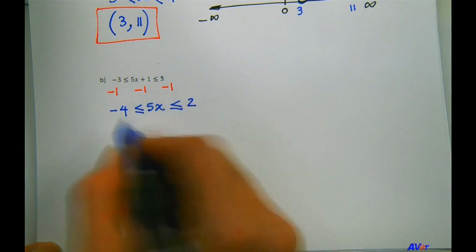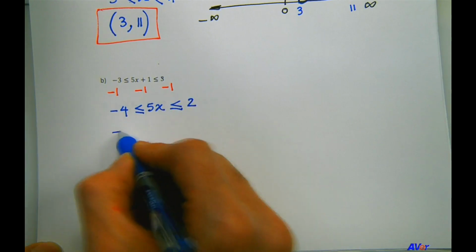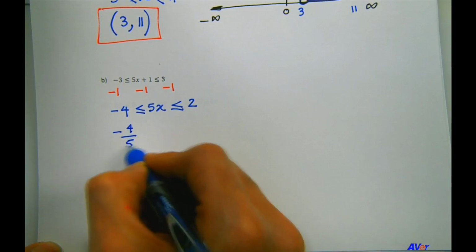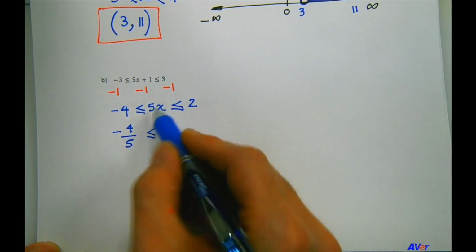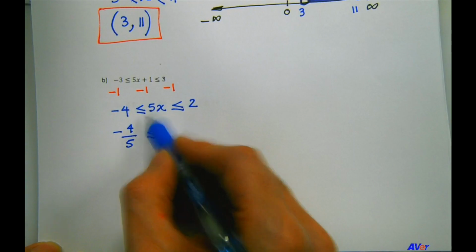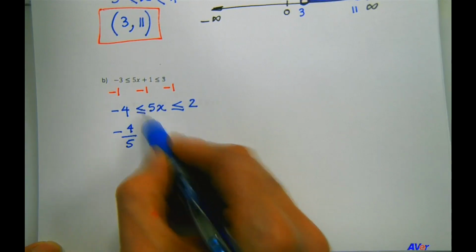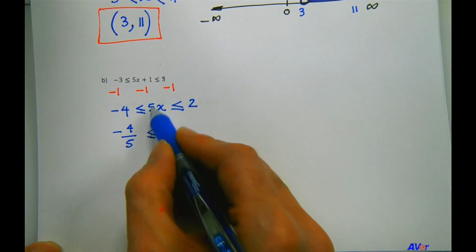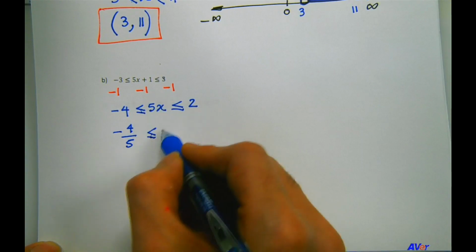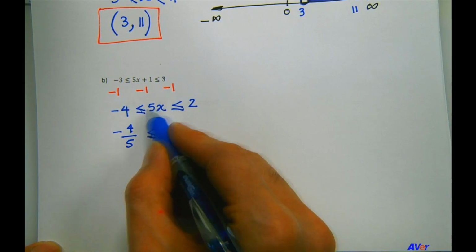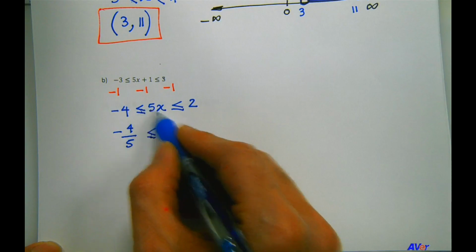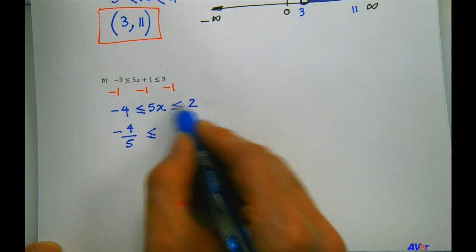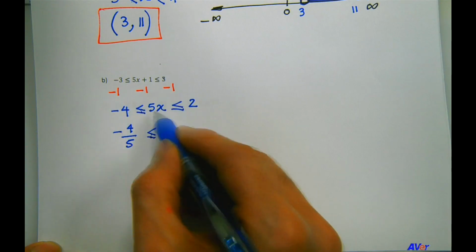So negative 4 divided by 5, less than or equal to. We're dividing by a positive number, so the direction of the inequality stays the same because we're dividing by a positive 5. If we divided by negative 5, then both of these inequalities would change direction, but not in this case.